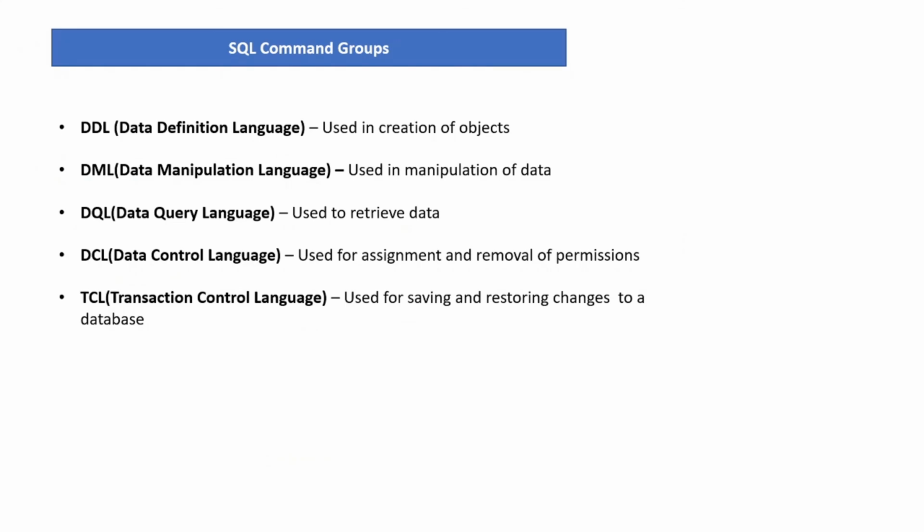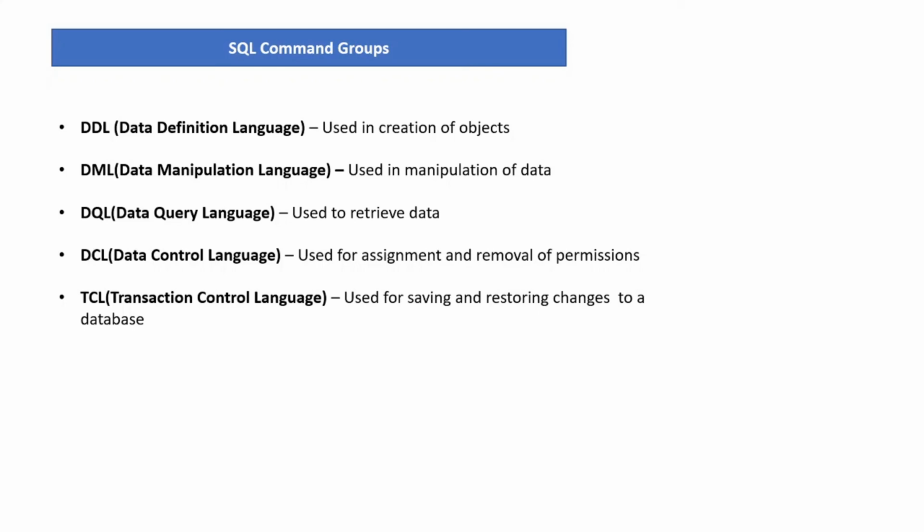Now let's try to see some of the common SQL command groups. The first one is DDL, which stands for Data Definition Language, and it is used for creation of objects. Next one is Data Manipulation Language, which is used to manipulate the data. Then comes DQL, which is used to retrieve the data.